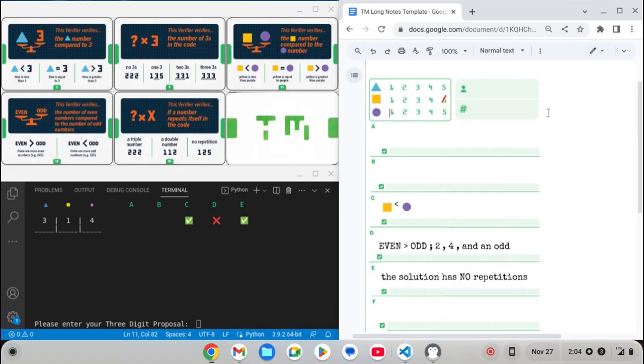In a similar fashion, I don't believe circle could be 1, because if circle were 1, there's nothing smaller for square to be. So we're just crossing out those 2 endpoints. And let's see. Yeah, it looks like it's pretty wide open. I don't think we can really cross out anything at all.